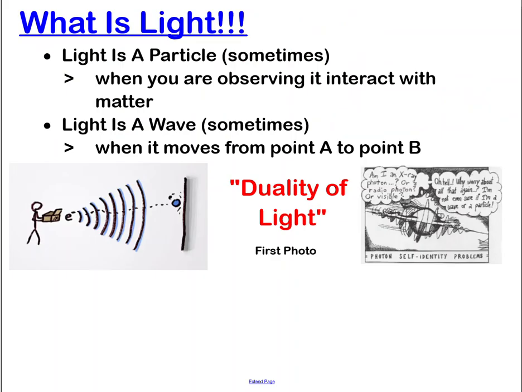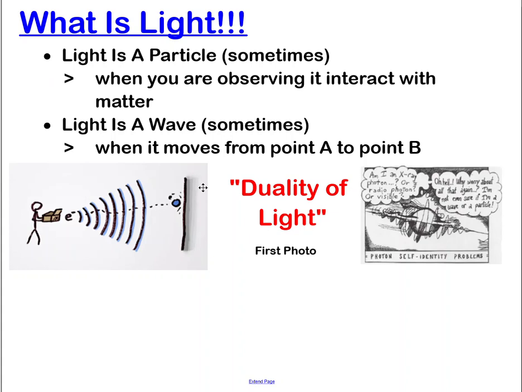So, what is light? It depends. Light is both. Okay, electromagnetic radiation is both. Light is a particle sometimes. When you observe it interacting with matter, we have to think of it as a particle, right? It has to interact with those plates. It has to interact with the chloroplast.